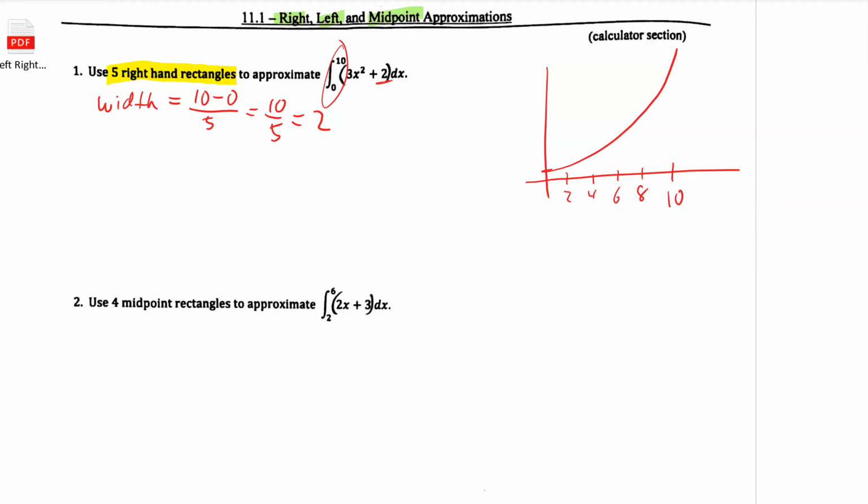From 0 to 2, I would use the right side as the height, the wall height, for that rectangle. I'm going to use the right side for this 2 to 4 region, the right side for this 4 to 6 region, the right side for this 6 to 8 region, and finally the right side for this 8 to 10 region.